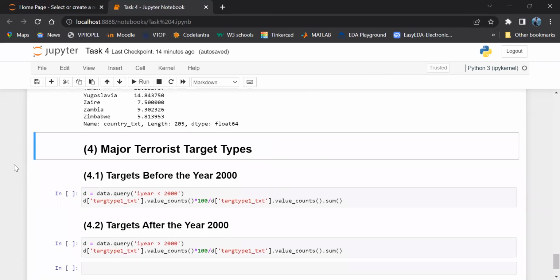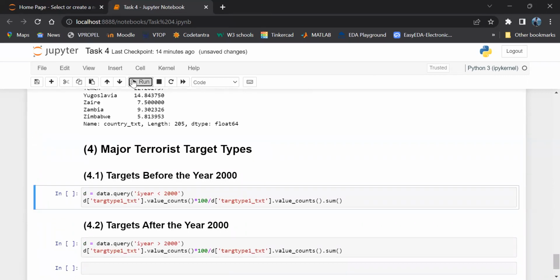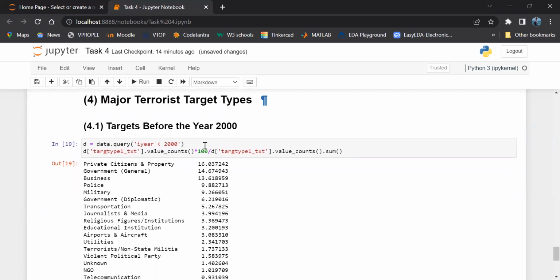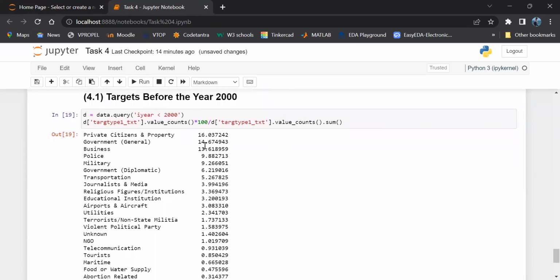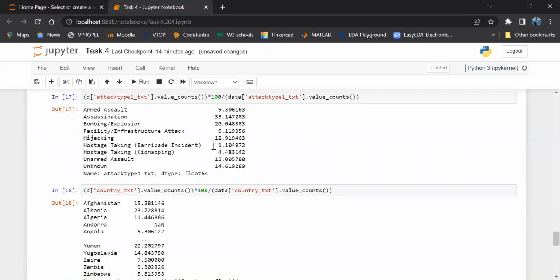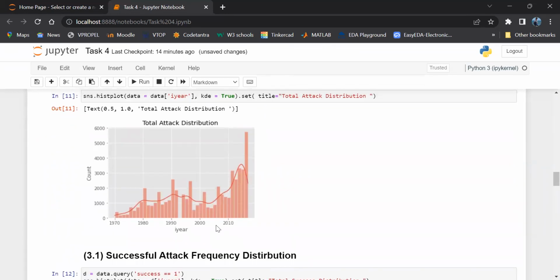Now let's look at major terrorist targets. As you can see here, I've filtered this data into two parts, one before 2000 and one after 2000. As you can see, there is a huge difference in the distribution here.